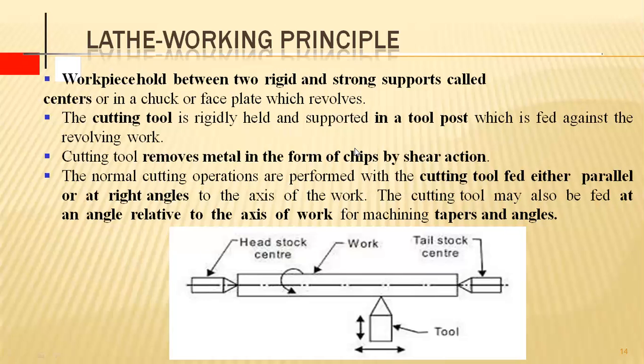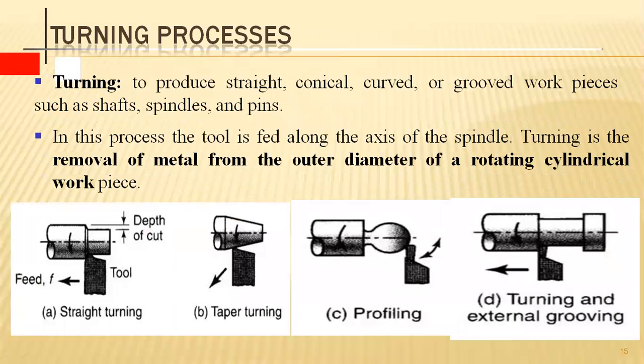The normal cutting operations are performed by providing cutting parameters such as speed from the spindle to the work part, whether clockwise or counterclockwise based on the work tool positioning, and altering the machining conditions such as tapers and angles on the lathe machines.